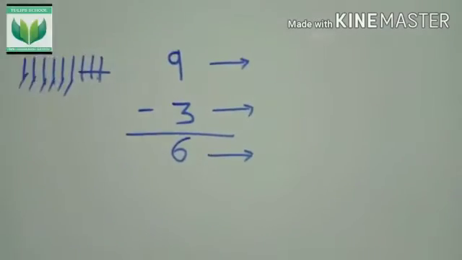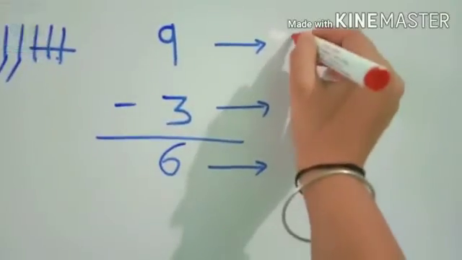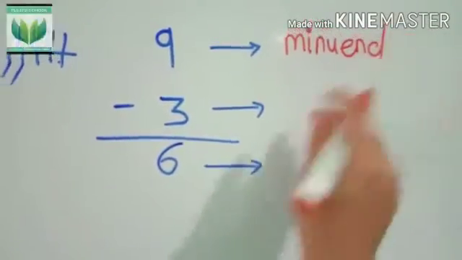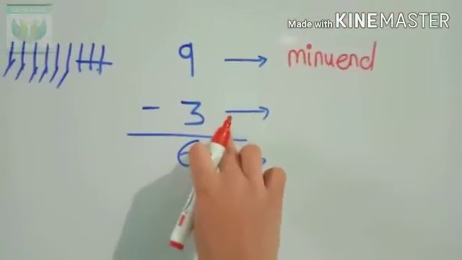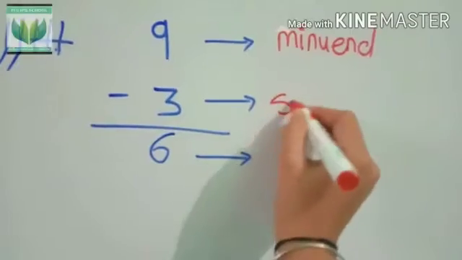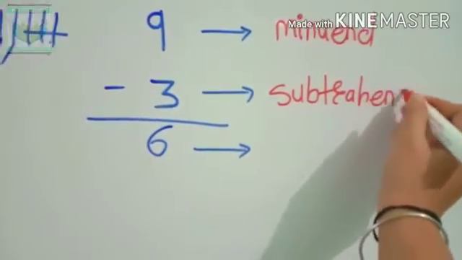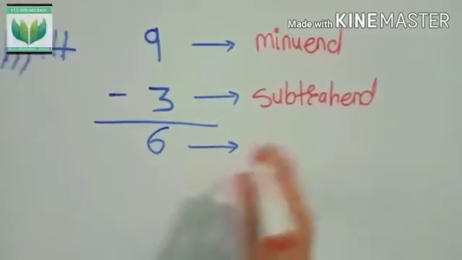Okay. This 9 is called the minuend. And 9 minus 3, we are subtracting 3, so it is called the subtrahend. The answer is called the difference.